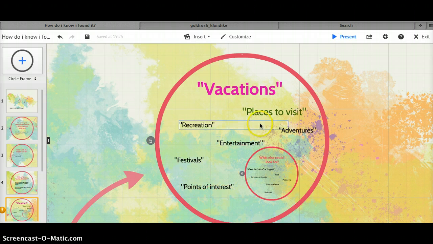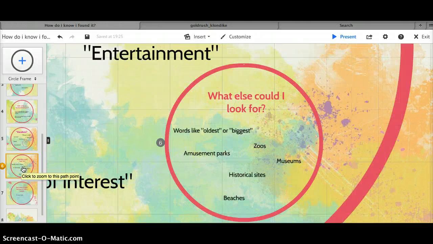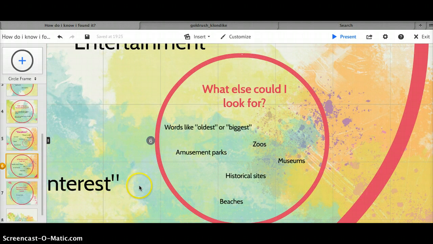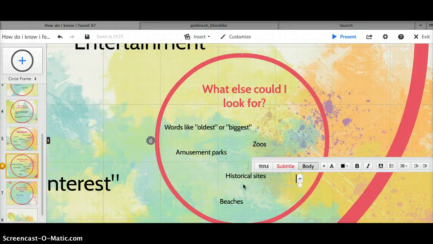Okay, these are all kinds of things that you might be looking for, but you might also be looking for something more specific. Okay, if you're on vacation, you might like an amusement park or a zoo or the beaches. If you're on vacation with your family, which you probably are, they might be looking for historical sites and museums. Okay, don't groan. I heard you groan there.